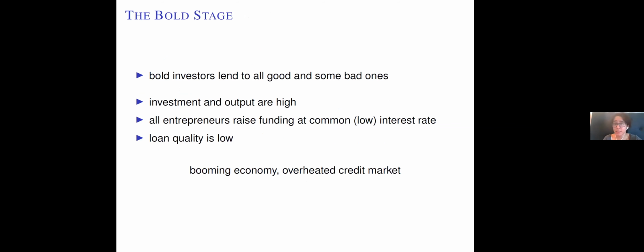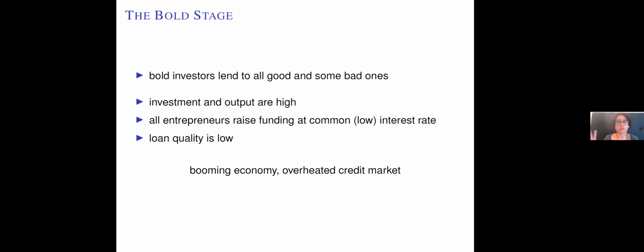Now, what happens in the bold stage is that bold investors lend to all the good entrepreneurs and some bad ones, the ones which are opaque. That means investment is high and output is high. Furthermore, and this is an endogenous outcome of the model, but you can show it. We show it also in a different paper, and this relies on a paper in Econometrica by Pablo Kurlat.